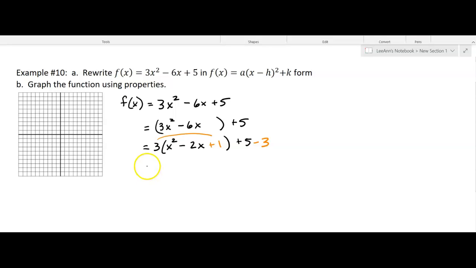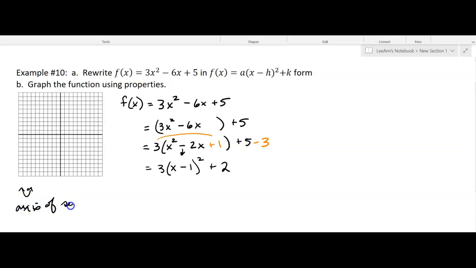All right, now we're going to get the form 3 times (x minus 1) squared. It's minus because of that right there, plus 2. And now I know my axis of symmetry. I know it's right side up. I know the axis of symmetry.